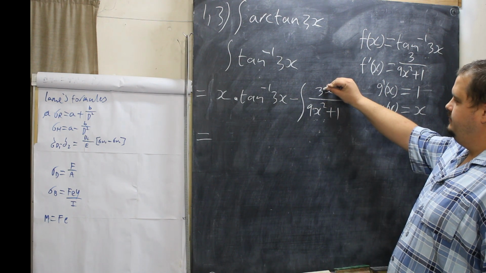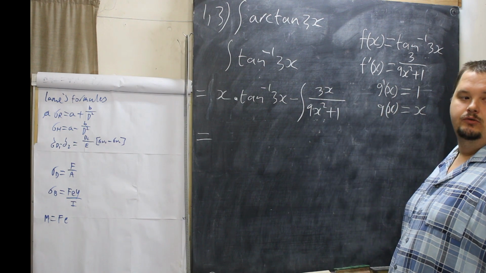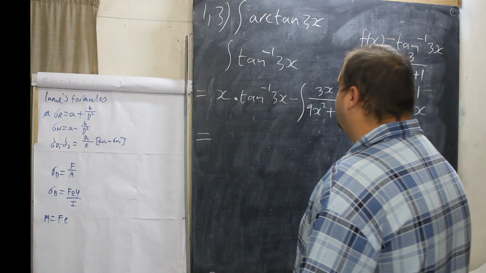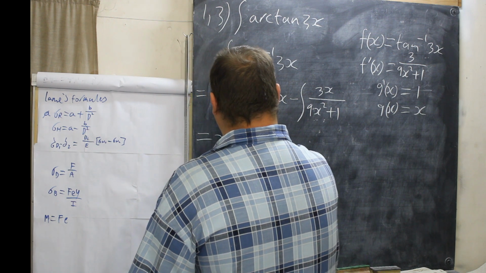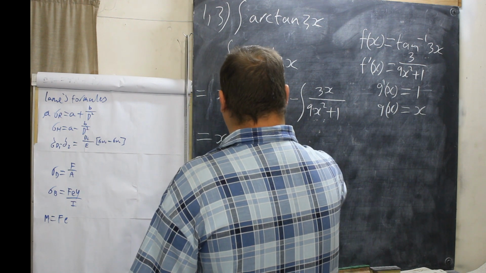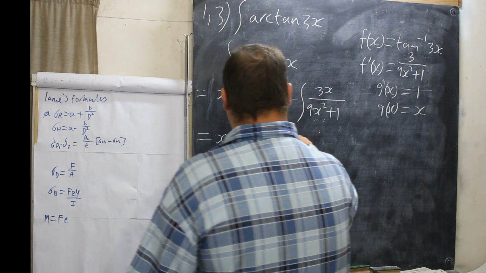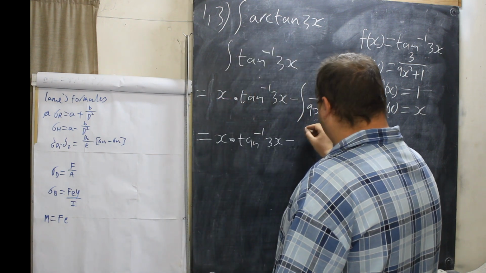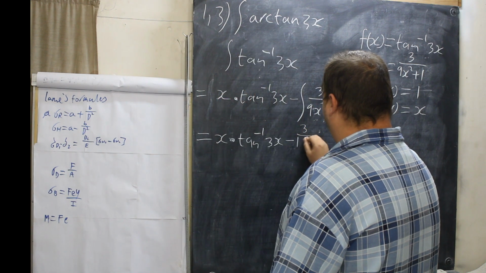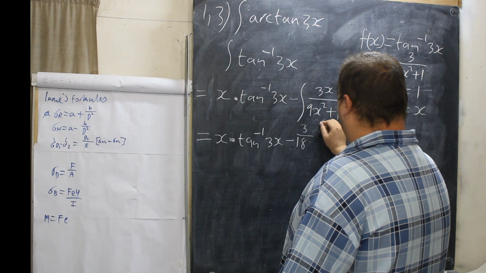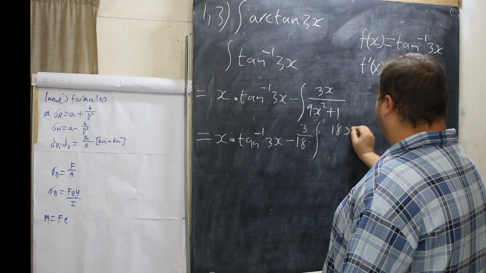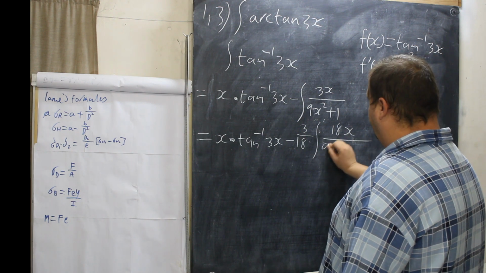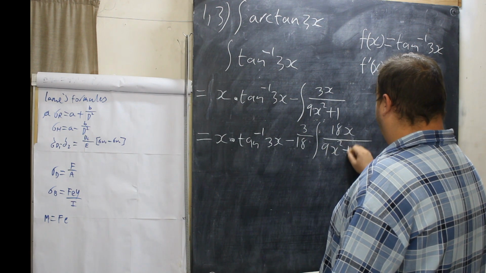So we multiply this by 6 and we multiply that by 2 to get 18. So x times tan to the minus 1 3x minus 3 over 18, the integral of 18x over 9x squared plus 1.